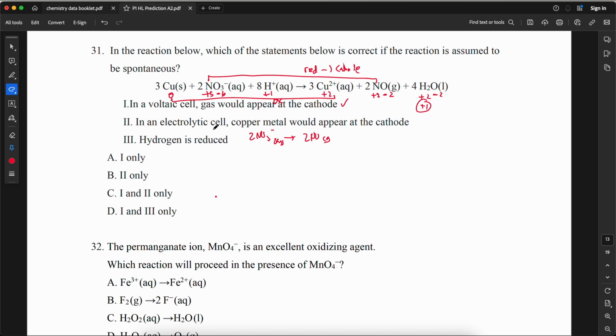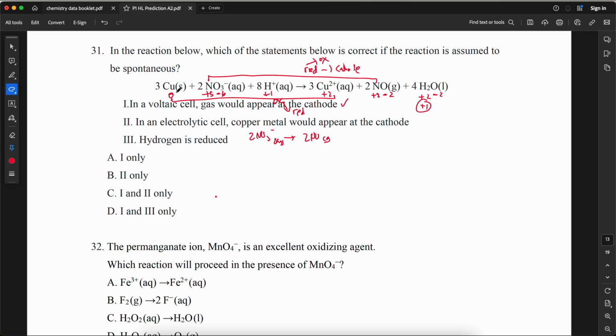In an electrolytic cell, copper metal would appear at the cathode. This is the spontaneous one, which is the voltaic cell, but in an electrolytic cell, the power source drives the reverse, so it is now non-spontaneous. Therefore, the one that was being reduced changes to oxidation, and this one will change to reduction.